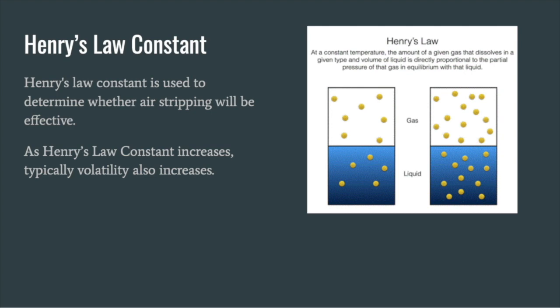Chemical substances with high Henry's law constant values will volatilize from water into air and be distributed over a large area. Chemical substances with low Henry's law constant values tend to persist in water and may be absorbed onto soil or sediment.